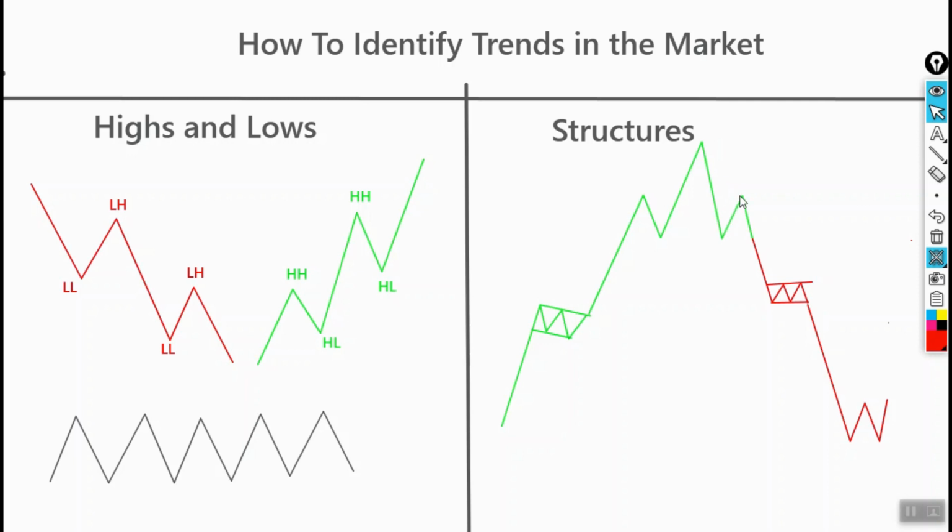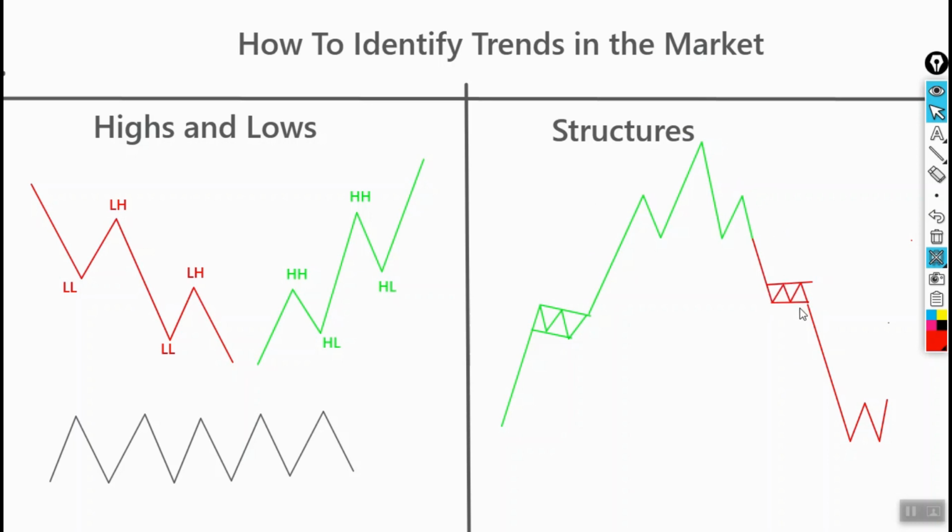We have another pullback, and then we have a reversal pattern that has been printed out, right? This reversal pattern, this structure here, will indicate to you that there's a high probability of a downtrend, and then the market moves in the opposite direction.